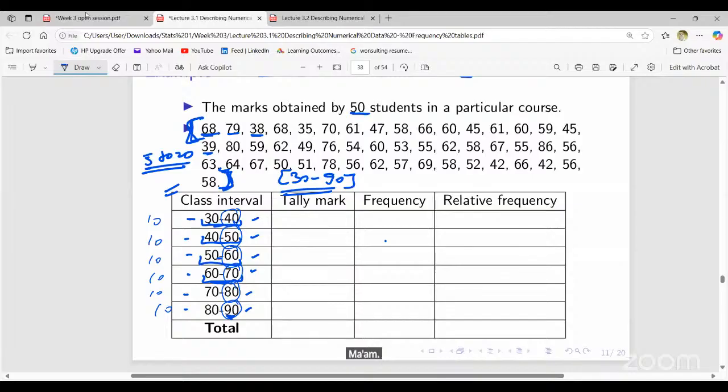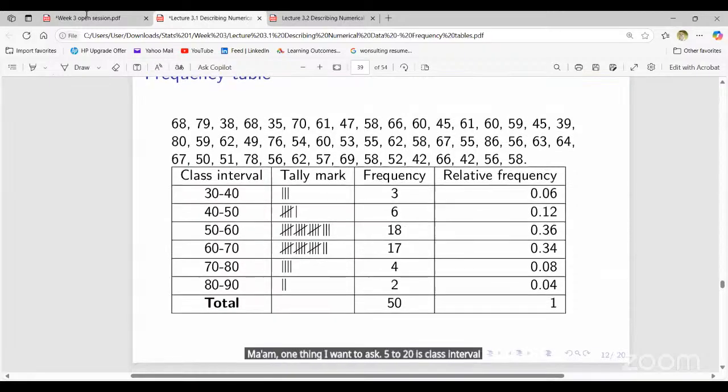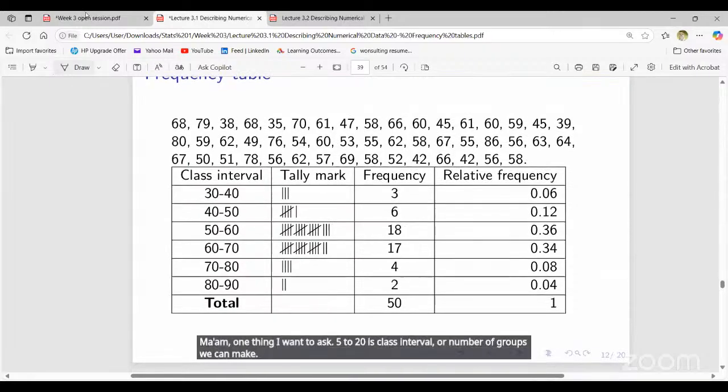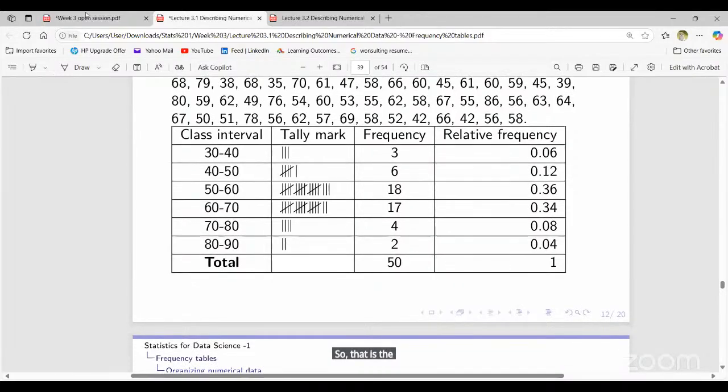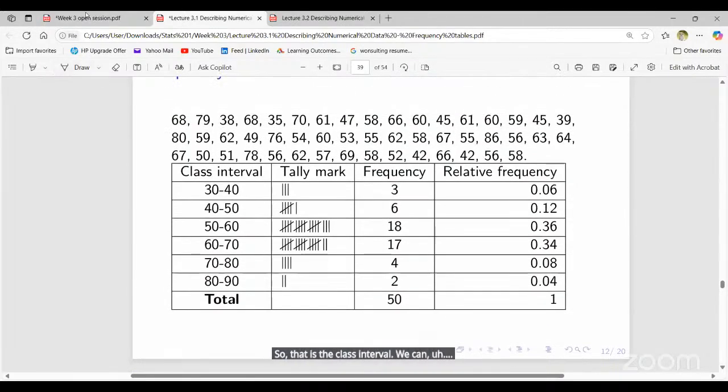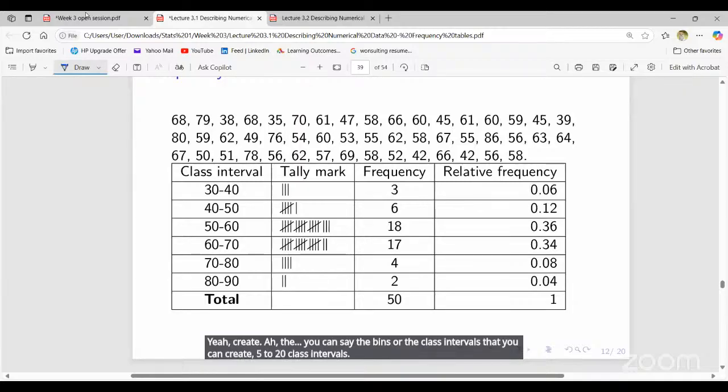Now, one thing I want to ask: 5 to 20 is the class interval or the number of groups we can make? You told 5 to 20 in the upper slide. Correct. You can say the bins or the class intervals that you can create, 5 to 20 class intervals. Okay.